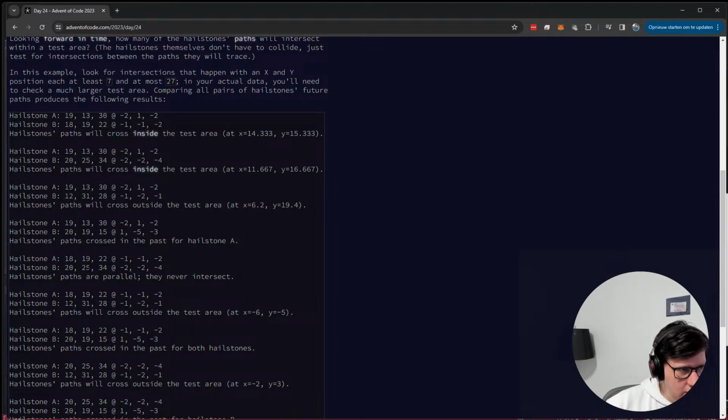And that is again relative to if these are above or below each other, to see if they will ever cross.